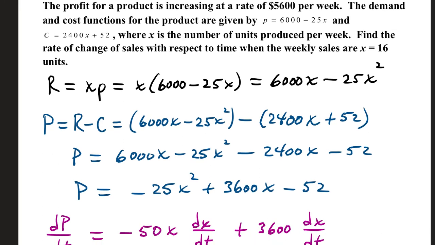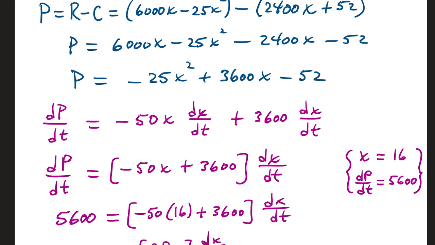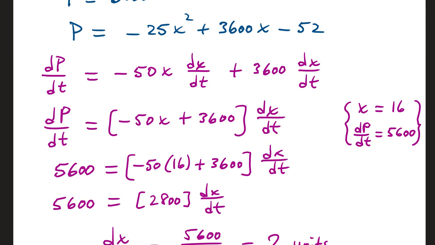Now we're ready to take the derivative. The derivative, we have negative 50x dx/dt plus 3,600 dx/dt, and then negative 52 has a derivative of 0.